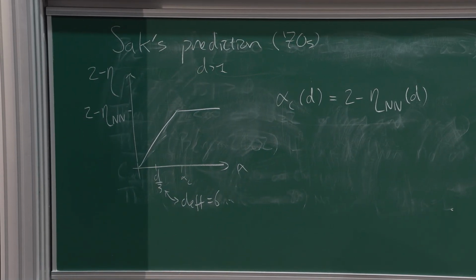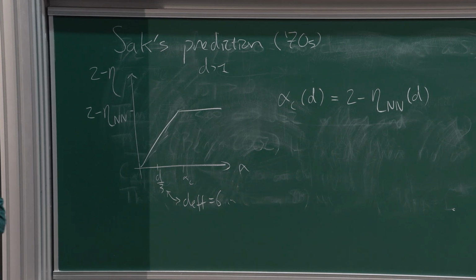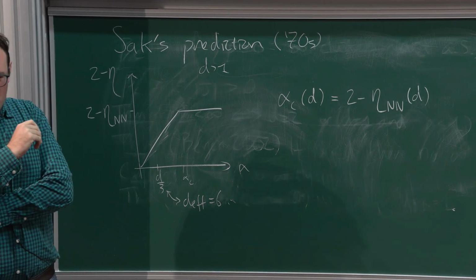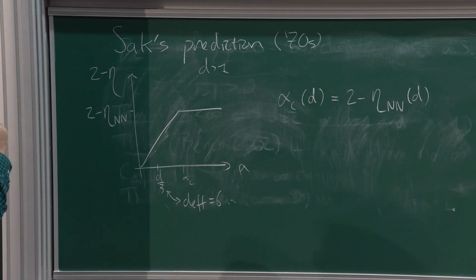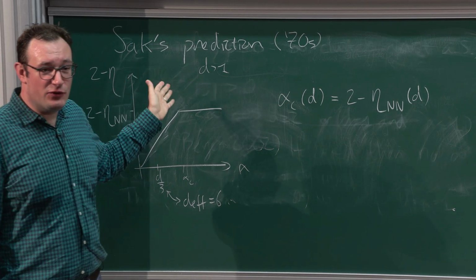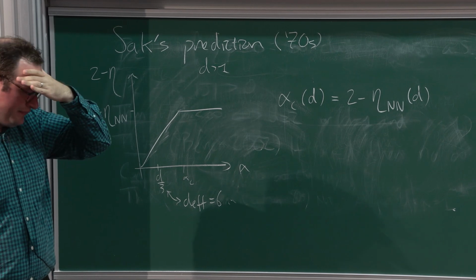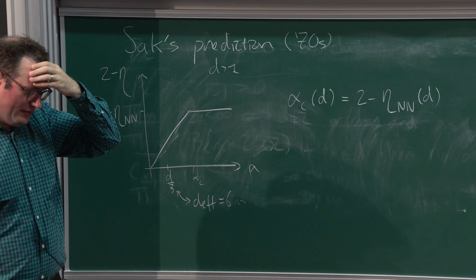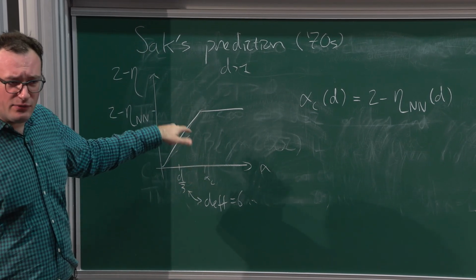So this conjecture has been at least somewhat controversial in the physics literature. As a brief history, there was an earlier paper a few years before Sak, by, I think, Fisher and some others, and they had a more complicated prediction for what this curve looks like.